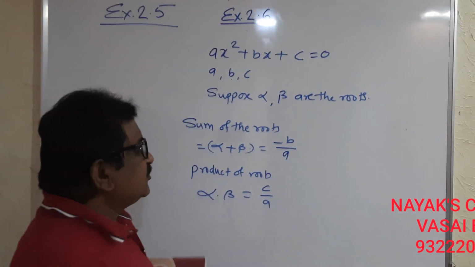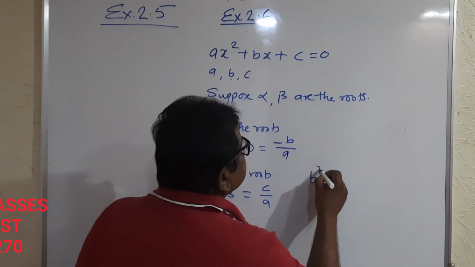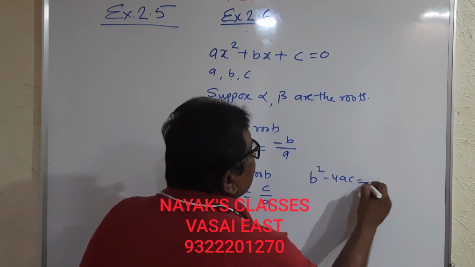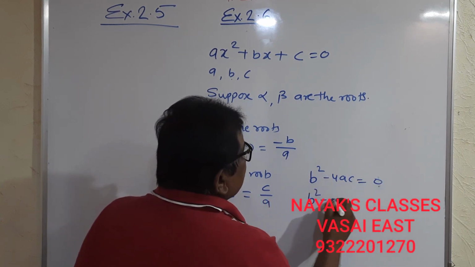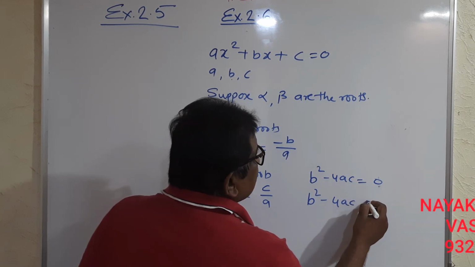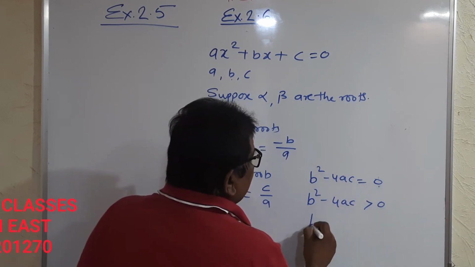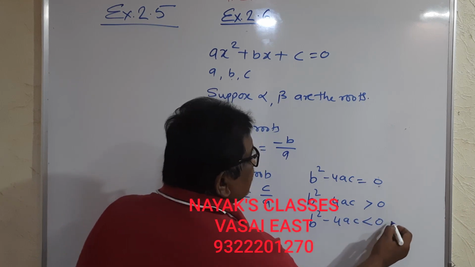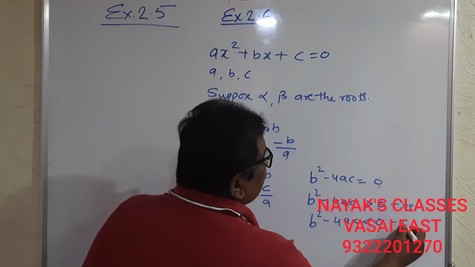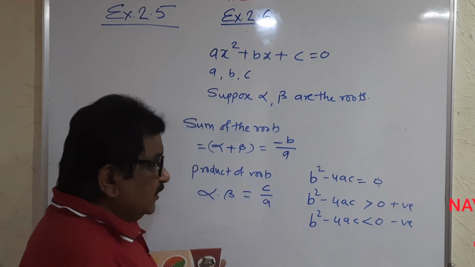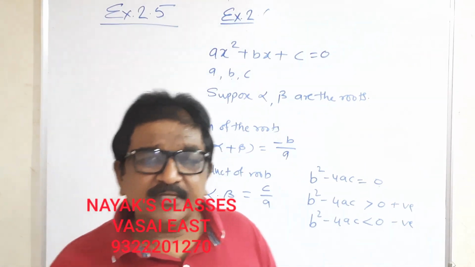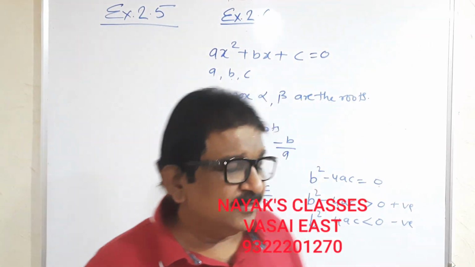We have learned b square minus 4ac equal to 0, b square minus 4ac greater than 0, and b square minus 4ac less than 0, which means positive and negative. These things are very important in solving our exercise 2.5.